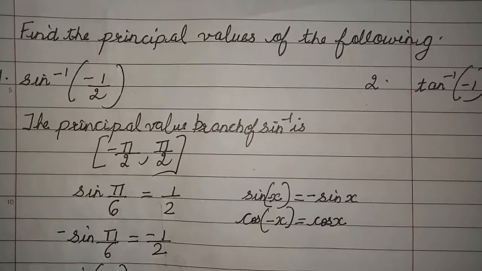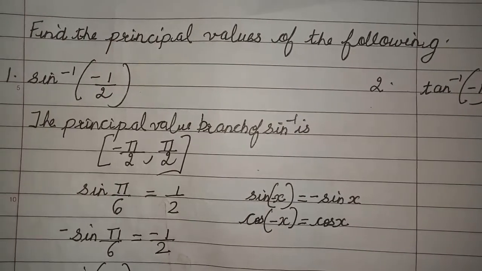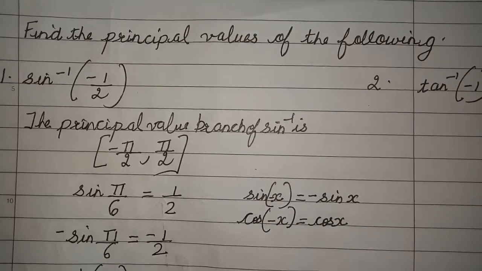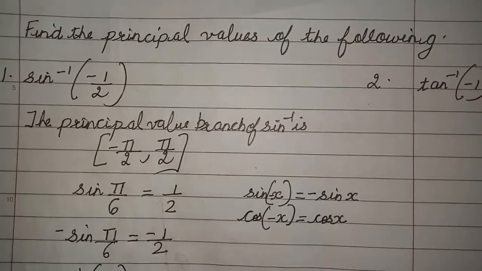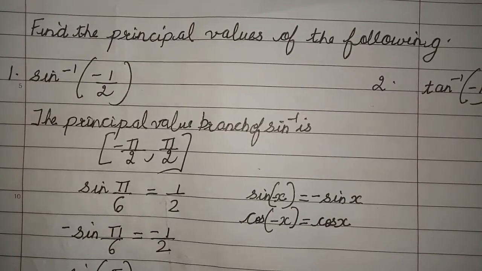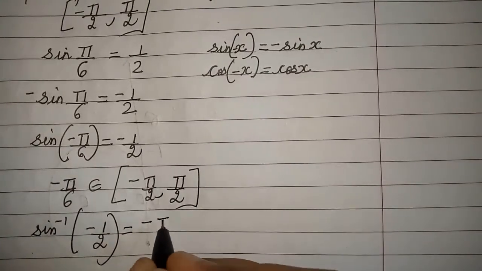Now the only thing I have to check is whether my minus pi by 6 belongs to this interval or not. You can see that this is minus 30 degrees, which is coming inside this, right? So my sine inverse of minus half is going to be minus pi by 6.